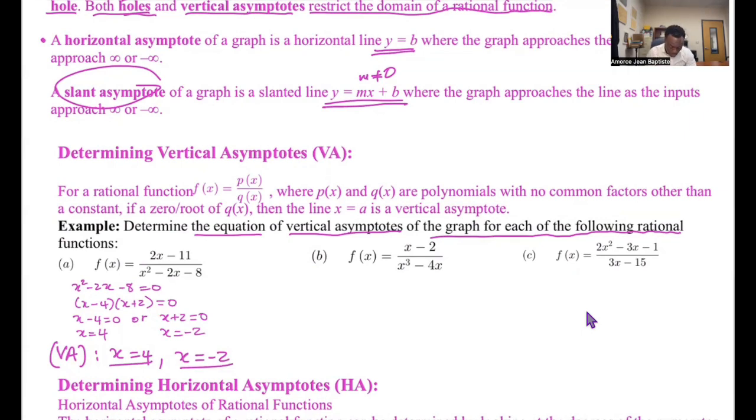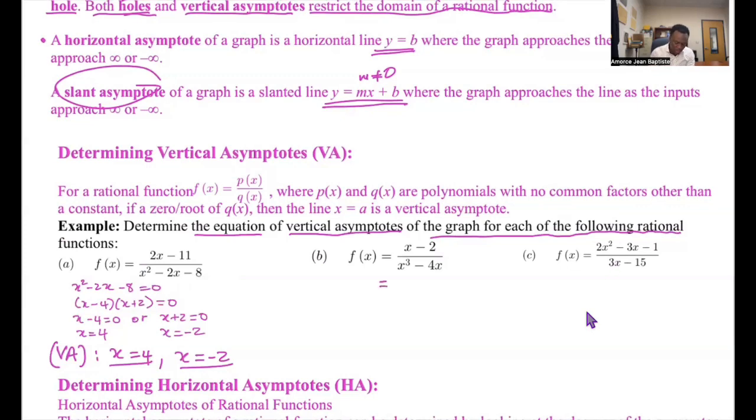Next, we can do this one. One thing you need to make sure when you're doing that is that when this expression is factored, the top expression cannot be simplified. If it can be simplified, you should do it. I'm looking at the bottom expression here. Let's try to factor this.